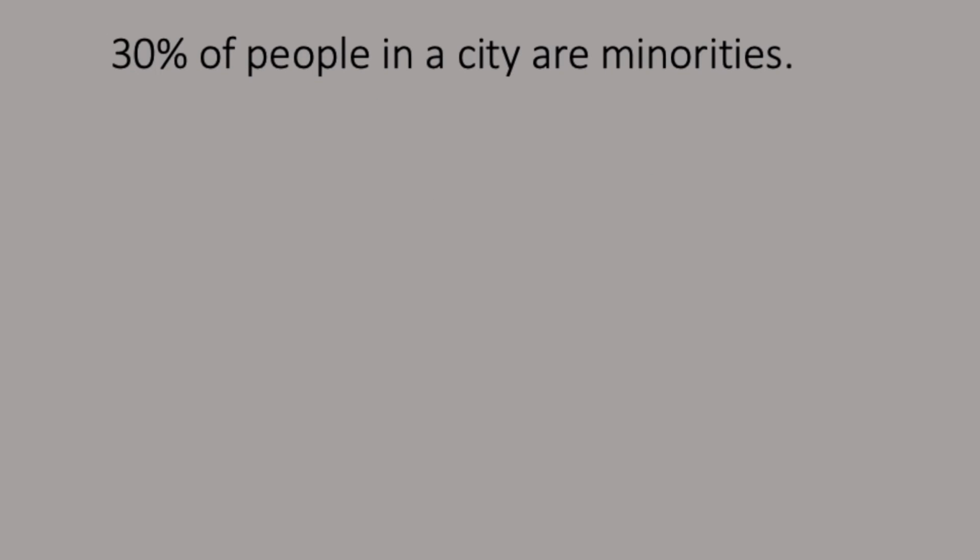Now I can go backwards and I can write this percent out of 100. I could write it as a ratio of for every, 30% of people in the city are minorities, so 30 of 100 people are minorities. There's also other ways that we write these as well. Percentages are out of 100, so we can use fractions.